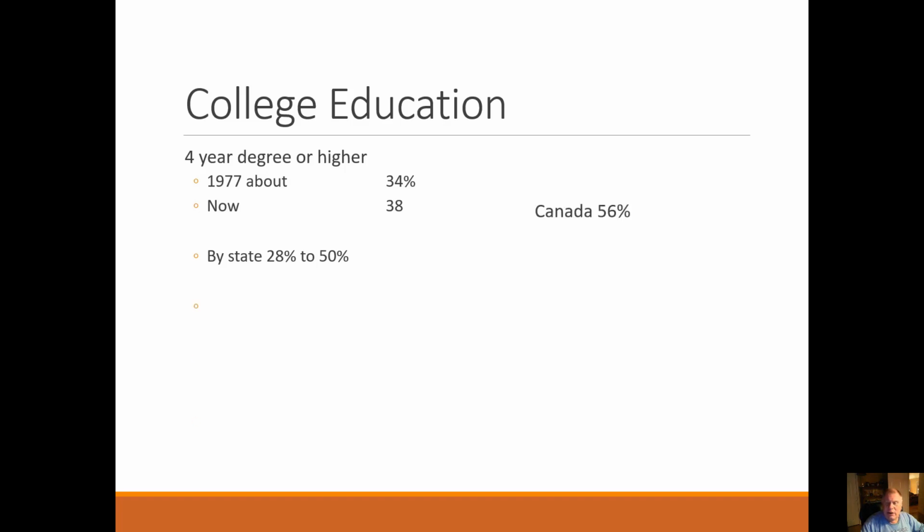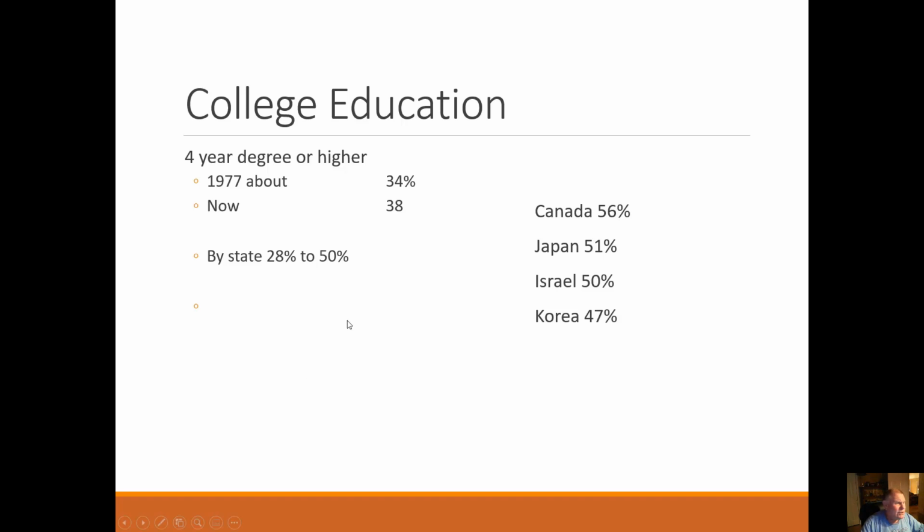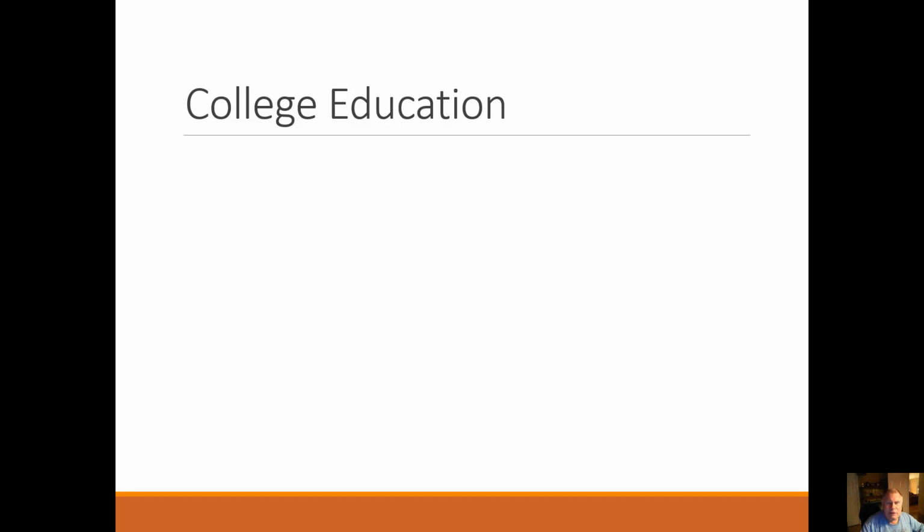When we look at other countries today: Canada, 56%; Japan, 51%; Israel, 50%; Korea, 47%. So what's happened is that in the U.S., we've stayed relatively stagnant in the share that are educated over the past 40-some years.